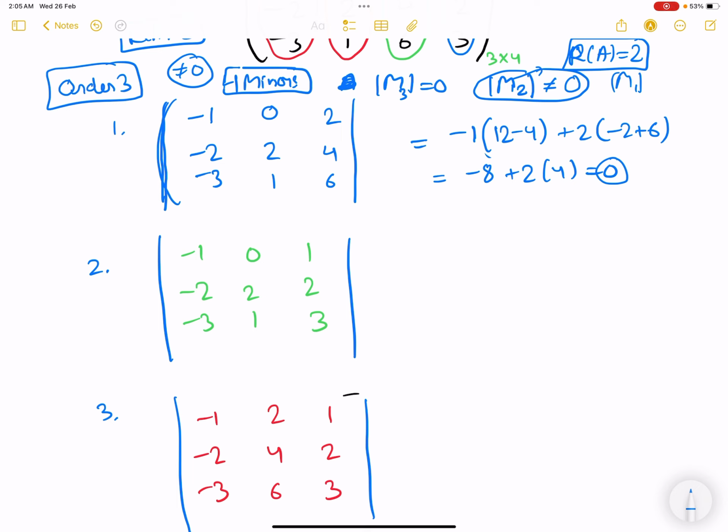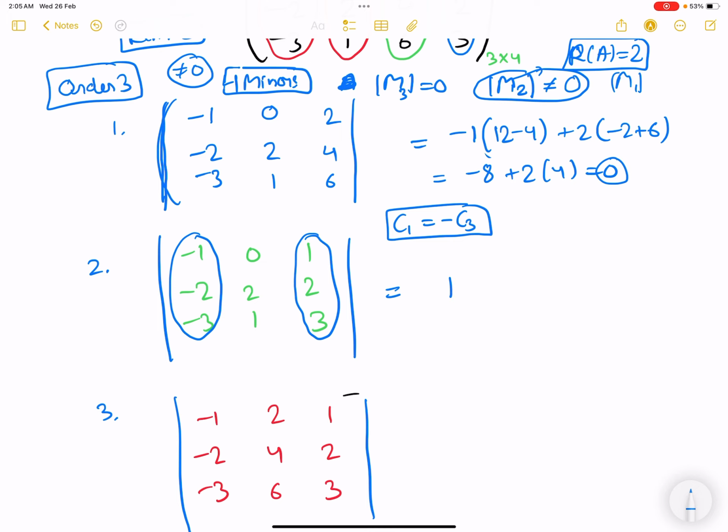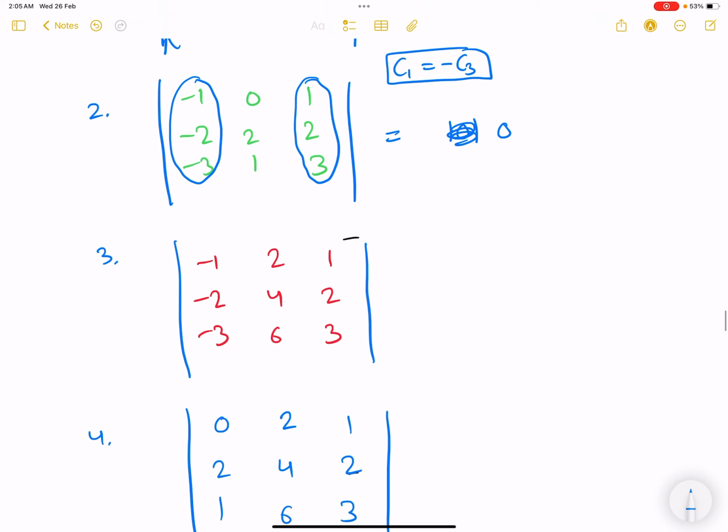Now observe from this the rules of determinants: the first column and the second column. So basically C1 is equal to minus C3. Since they are in equal proportion, the determinant is 0. You should know this. In this case, look at these two columns. 2 times C3 gives you C2, so basically C3 is half times C2.